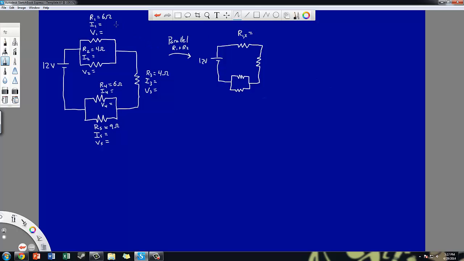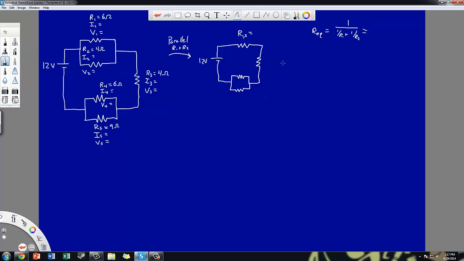For resistors that are in parallel, we have to find the equivalent resistance, and the equation for parallel is 1 over R1 plus 1 over R2, extending however far, however many resistors we have in parallel.